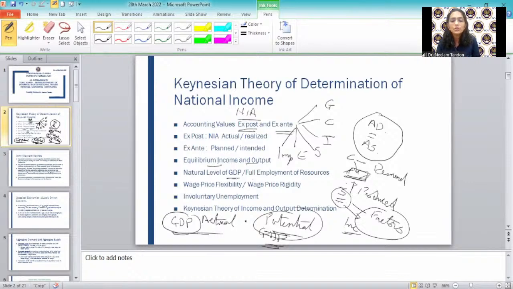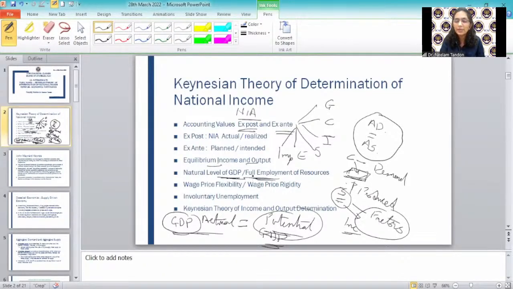If these two are equal, then you are at the natural level of GDP. That means that all the resources in the economy are fully utilized. What are the resources in the economy? Resources in the economy are labor, land, capital, and entrepreneur. Full employment means those people who want to work and have the caliber, they have the job.